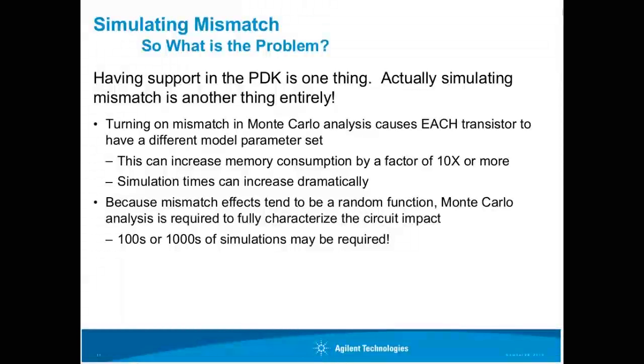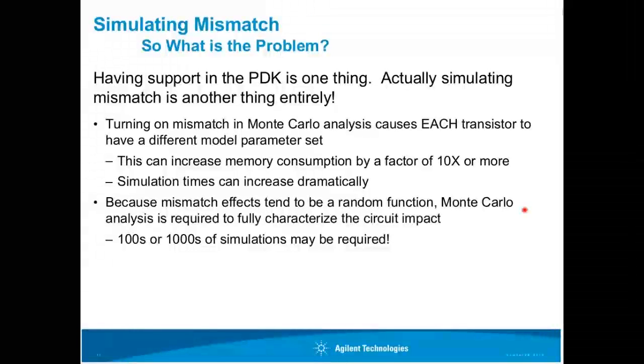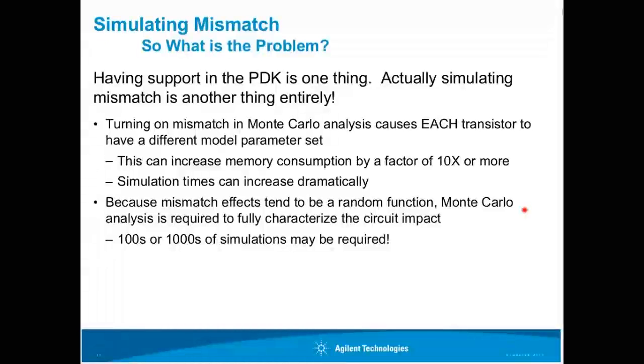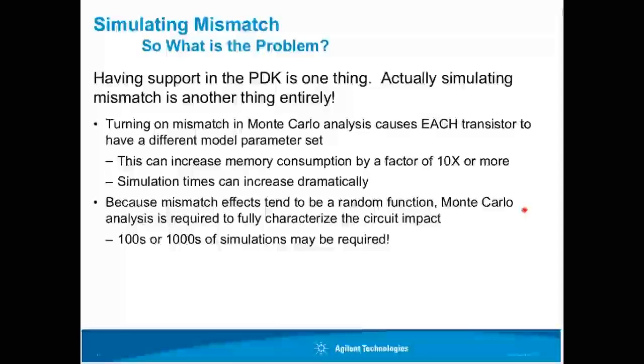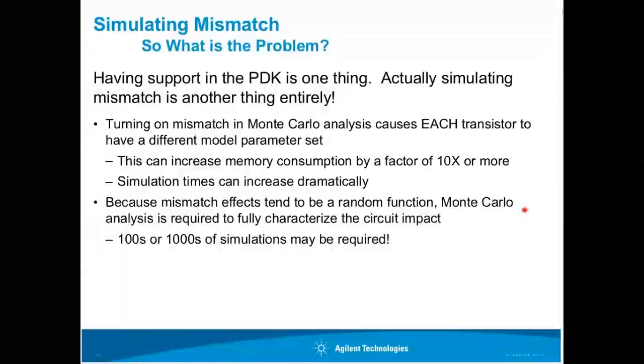The other big issue here is that these mismatch effects are random. So if you want to quantify how much mismatch you have in your design, you can't just run a single simulation and say, I have this much variation in my result. You need to run a Monte Carlo analysis to get hundreds or thousands of results to find out what the distribution of your result is.